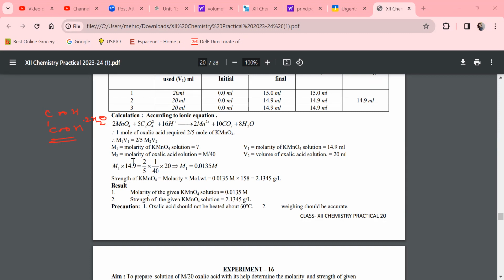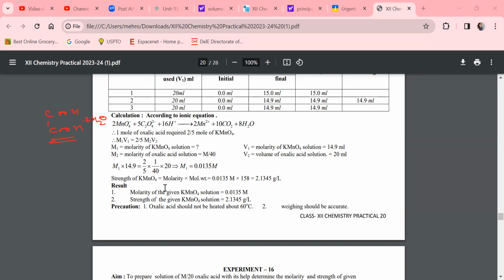Now you will start your calculation by putting these values in the formula M1V1 equal to M2V2. Now by the calculation you will just find the value of M1. It is the final value of the molarity of KMnO4.